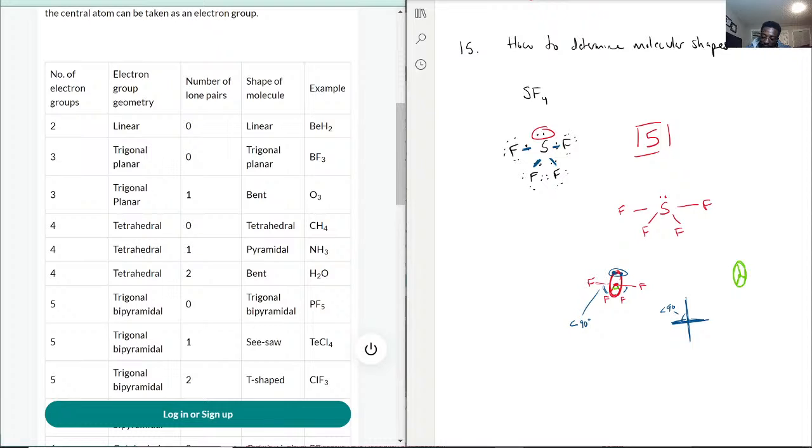But because instead of a normal bond we have that lone pair pushing a little bit, this bond is just less than 120 degrees. So that's breaking down what this shape is, specifically because we talked about sulfur tetrafluoride.